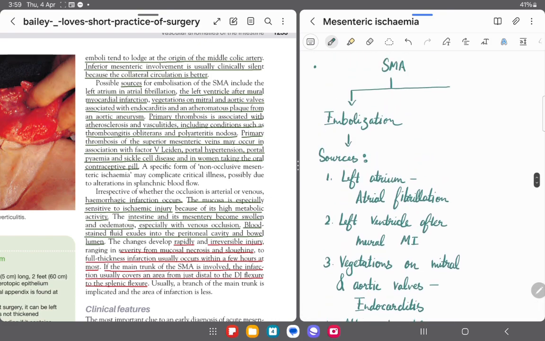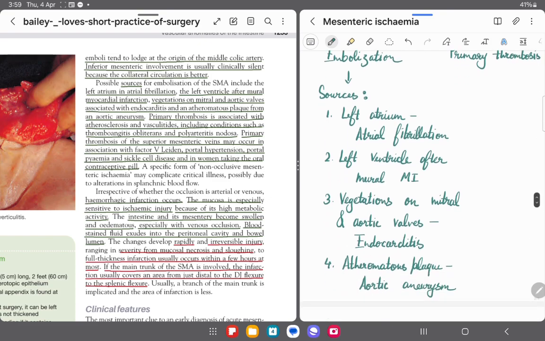The next thing that can be is primary thrombosis. And when do we see primary thrombosis?